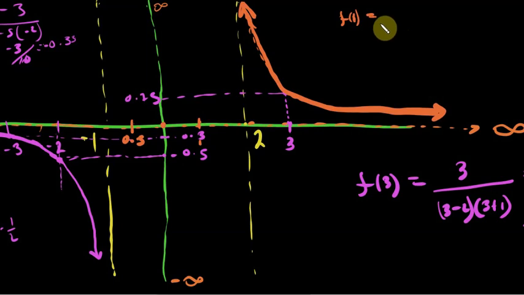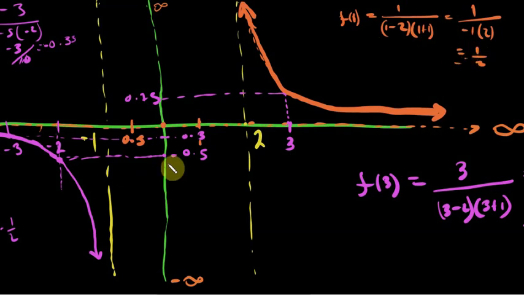At 1 we have 1 over (1 minus 2)(1 plus 1), which is 1 over minus 1 times 2, so negative 1 over 2 at 1.